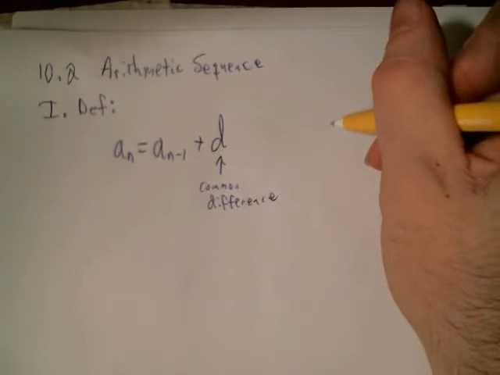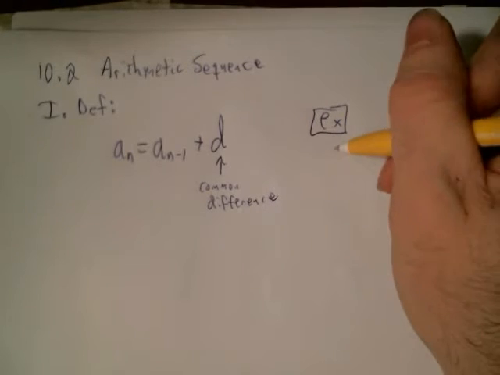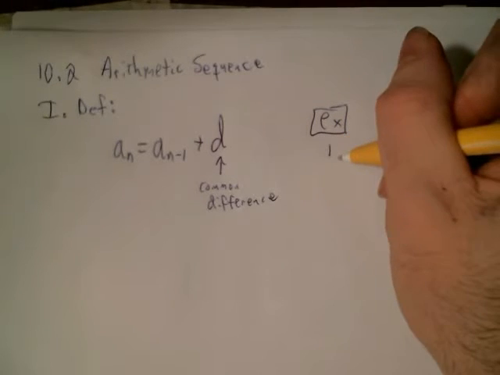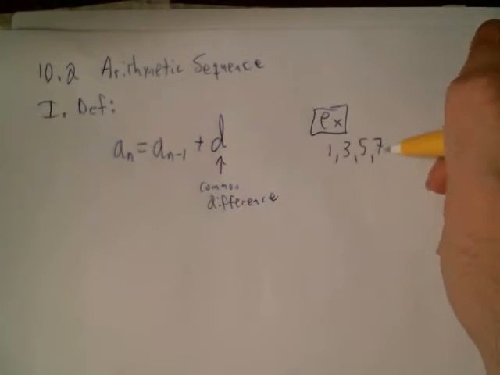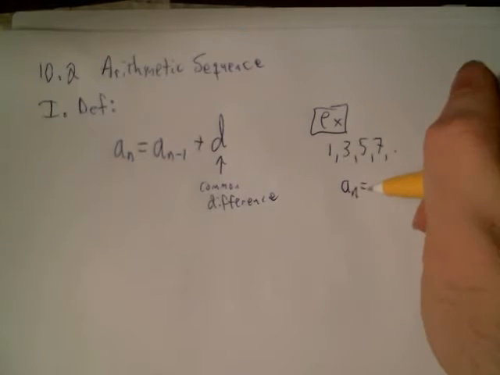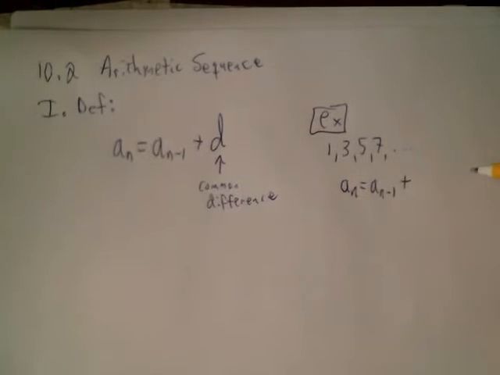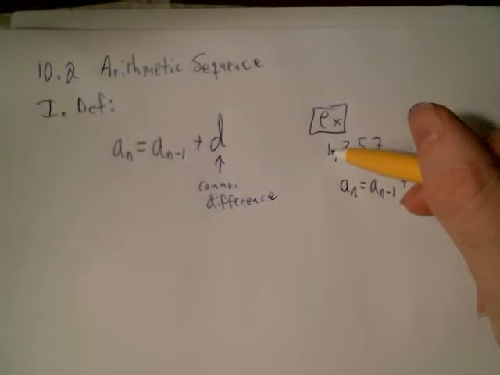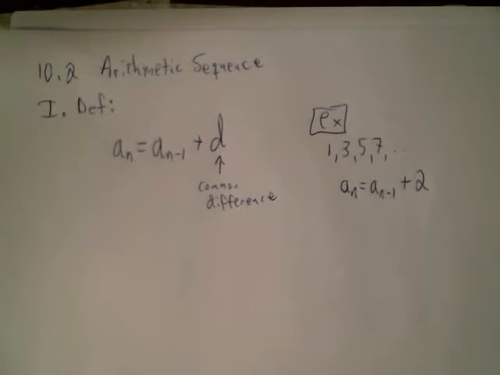So for example, when we had our first example from 10.1, we had 1, 3, 5, 7, and so on. We could describe this by saying a sub n is equal to the previous guy, a sub n minus 1, plus, well, what? To go from 1 to 3, I have to add in 2, right? So the recursive formula for that sequence is a sub n equals a sub n minus 1 plus 2, right?